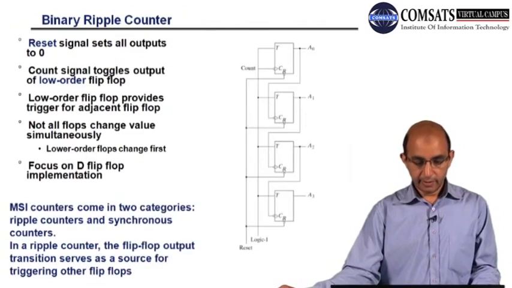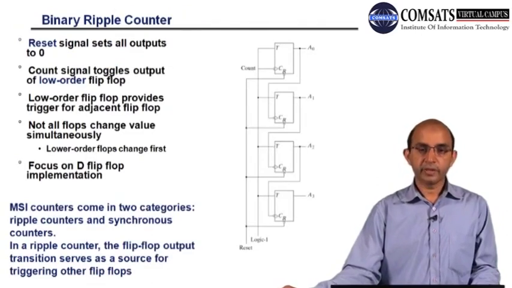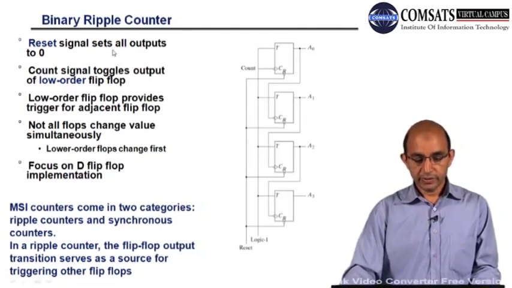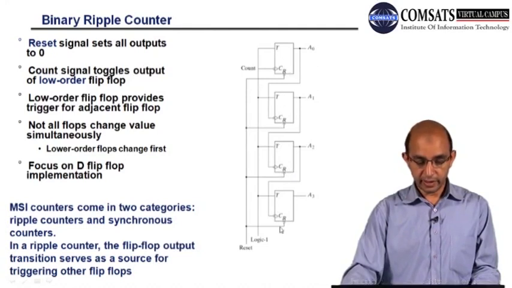Next we will be moving to the binary ripple counter. First you can see the reset. This reset is connected to all the reset inputs of the flip-flops. We have a 4-bit register over here, connected in this way.